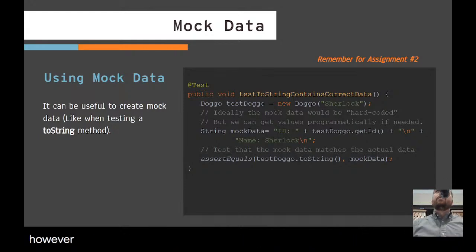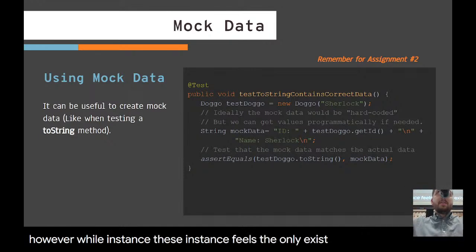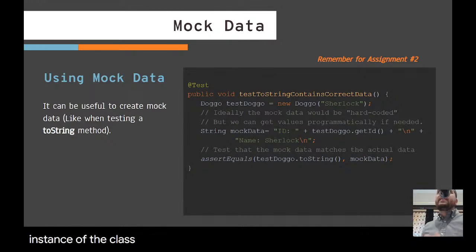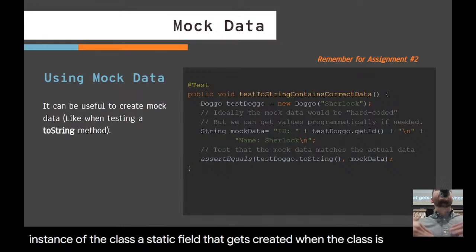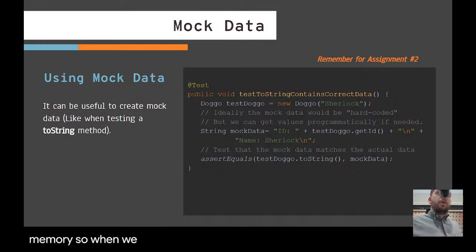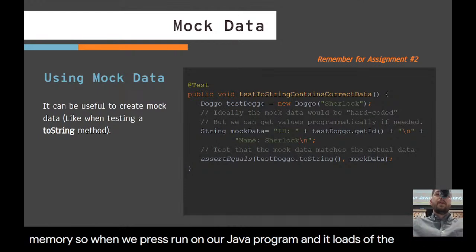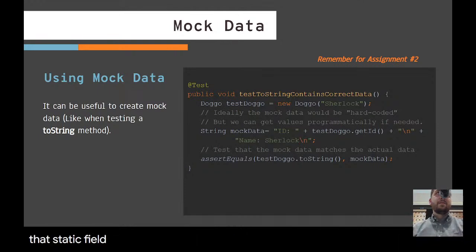However, while these instance fields only exist when we create an instance of the class, a static field gets created when the class is loaded into memory. So when we press run on our Java program and it loads up the program, that static field exists.